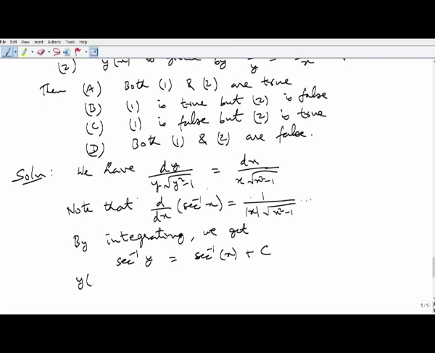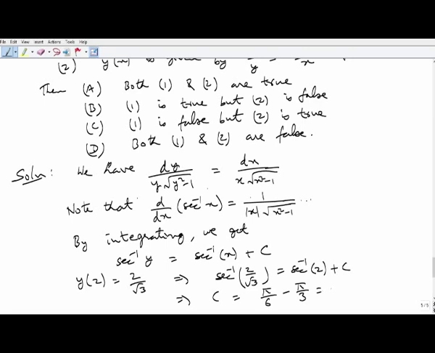So, y at 2 is equal to 2 by root 3, this implies secant inverse of 2 by root 3 is equal to secant inverse of 2 plus c, which implies c is equal to secant inverse of 2 by root 3 will give pi by 6 and secant inverse of 2 is pi by 3. So, pi by 6 minus pi by 3, which is equal to minus pi by 6.